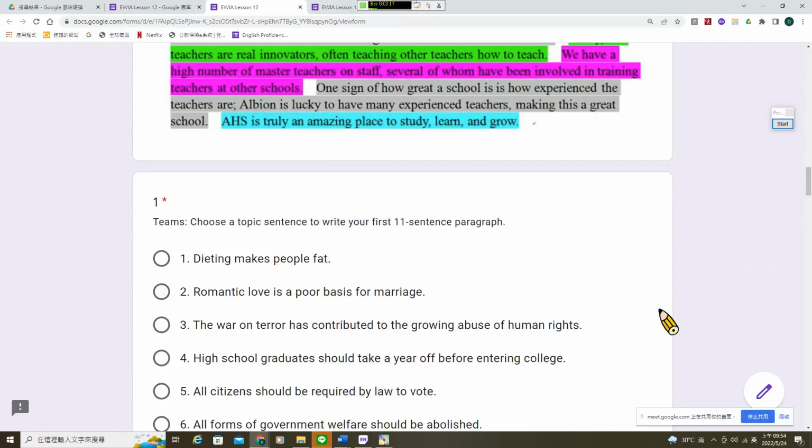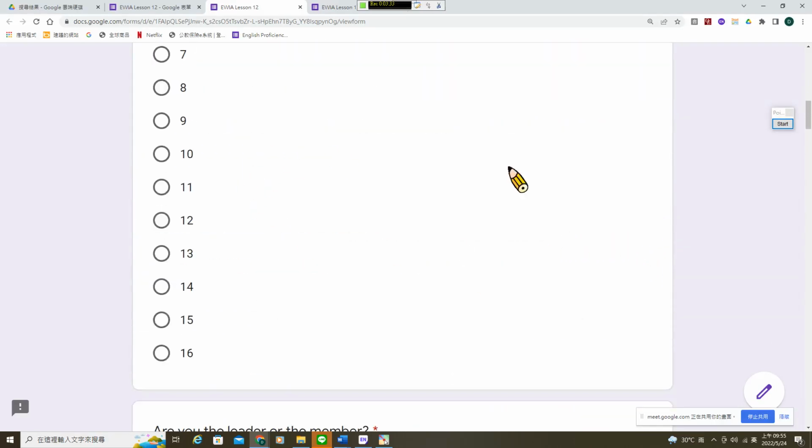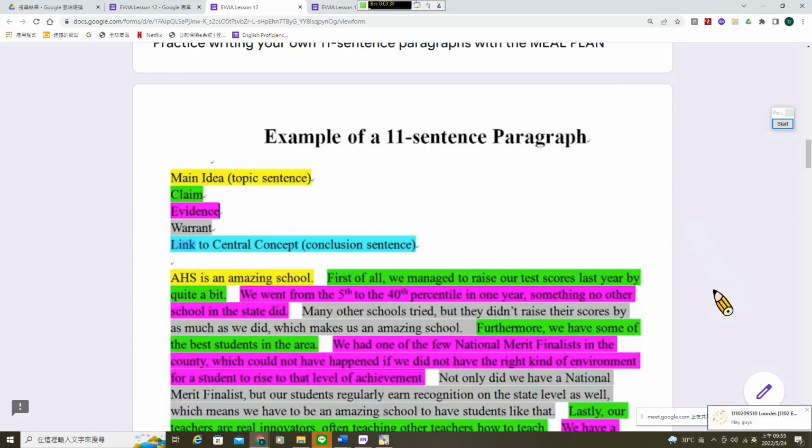By the end of the discussion, each group should produce the one-set version of the 11-sentence paragraph, and every student has to type the 11-sentence paragraph into your own assignment sheet. Okay, so now I will just give the time to you, and I will stay here. If you have any question, you may just ask me. Okay, now every group leader, please help to gather your team members and let me know.